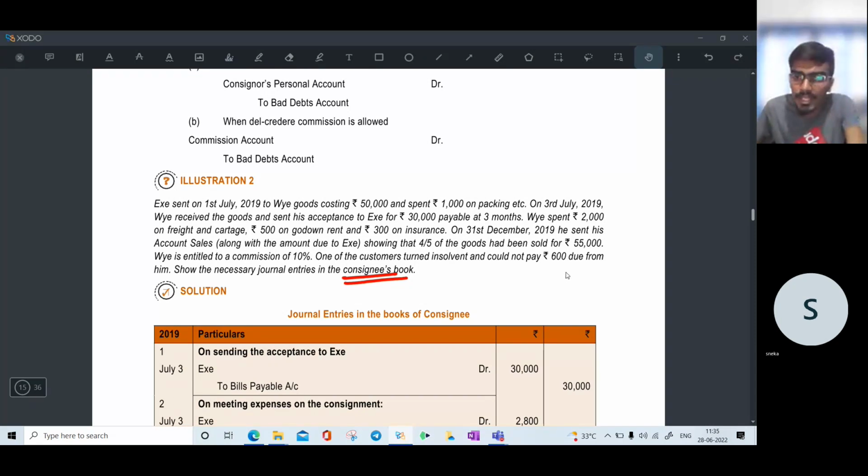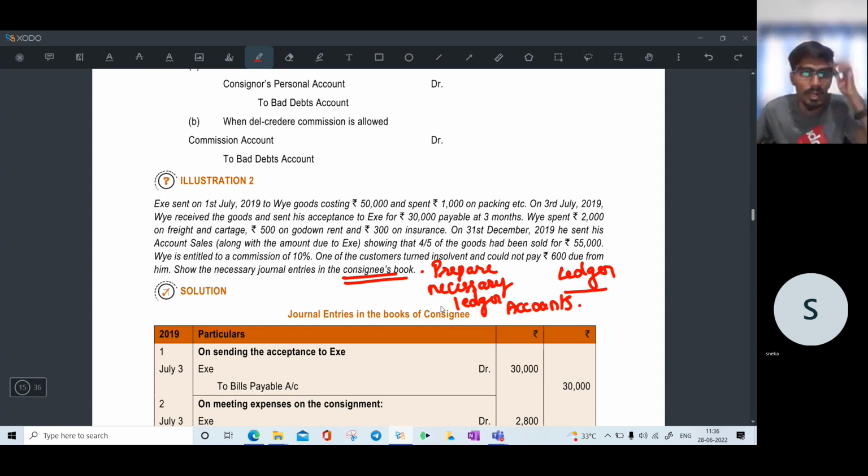First you can prepare the ledger accounts in the books of consignor. I will give you additional work in this also. Write down, prepare necessary ledger accounts. There is additional work in your main classwork notebook, right? Show the necessary journal entries. First prepare the ledger accounts. Based on the ledger accounts, you can easily pass the journal entries.